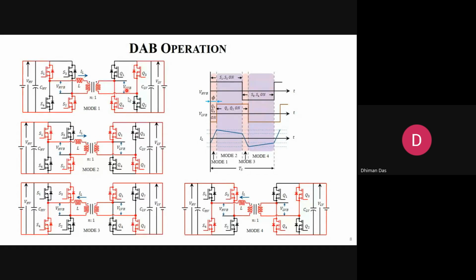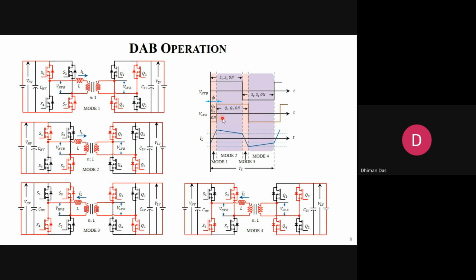Similarly, a bipolar voltage will appear at the low voltage side. When you slowly shift the angle between them, the transformer will see a voltage difference between these 2 windings, and this difference in voltage will appear across this inductor. So the inductor current is going to rise.